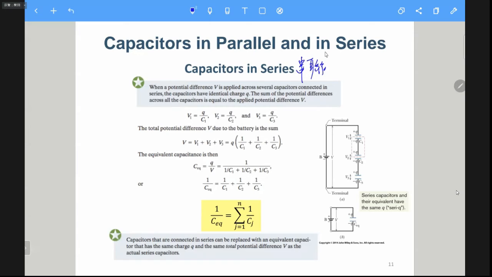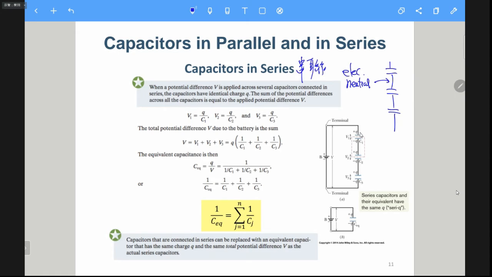So in that case, because before we apply the battery, this point should be electrically neutral. There is no charge at this node or at this node. So in that case, we should have negative Q plus Q, so that the net charge of this node is neutral, and so is this one.